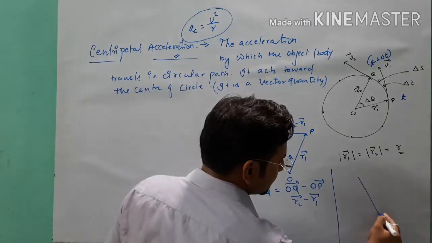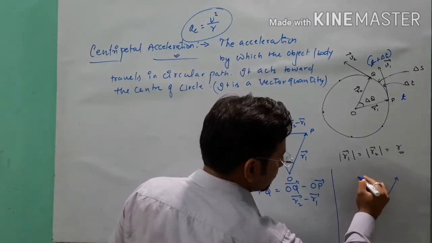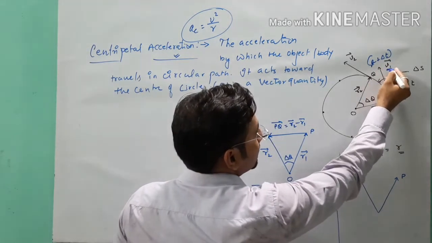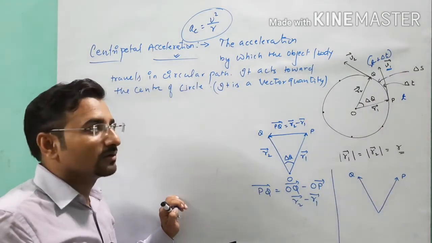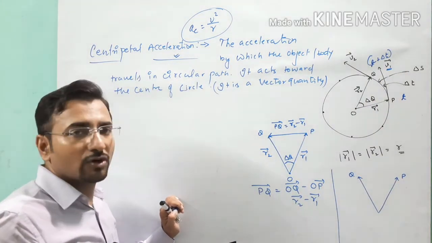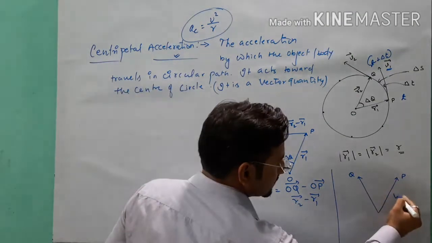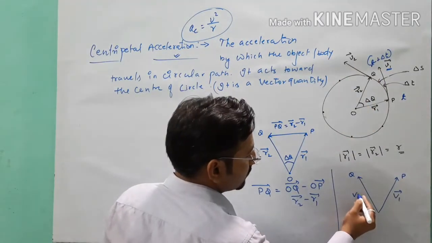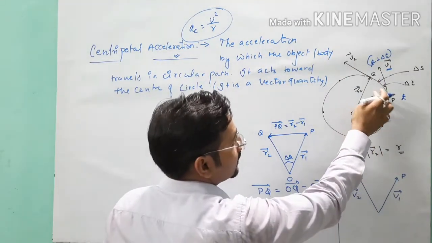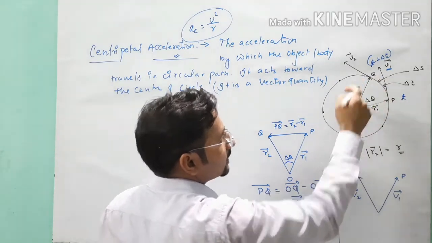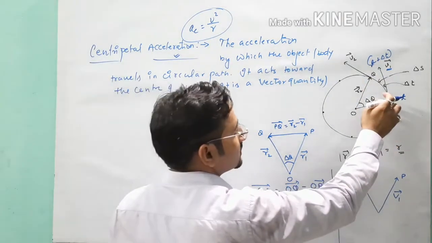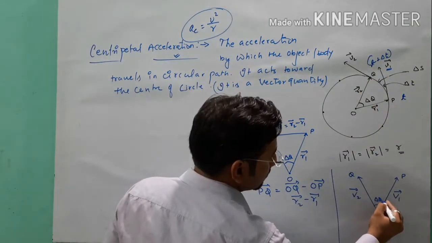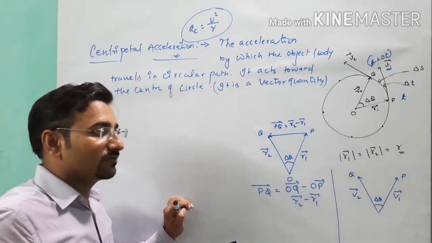Now again you can see the point P and the point Q. For point P, v1 is the velocity vector, and for point Q the velocity vector will be v2, and as the angular displacement between these two positions is delta theta, here it will also be delta theta for the velocity vectors v1 and v2.